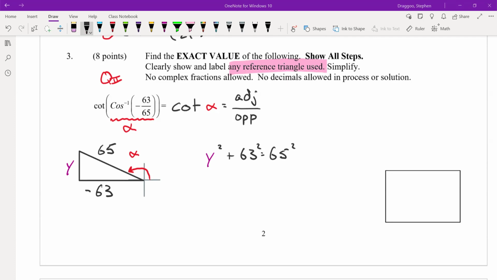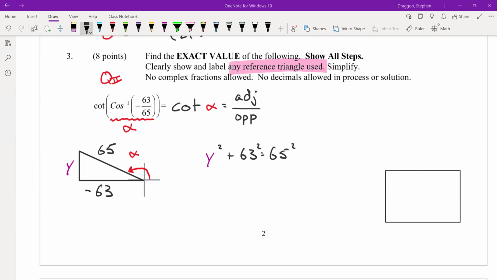Question real quick. So question from chat: could I also draw that reference triangle in quadrant 3, since cosine is also negative there? And no, I could not. I'd get an incorrect answer if I did that. Because this is specifically cosine inverse, my reference triangle must be placed in either quadrant 1 or quadrant 2, because those are the only two quadrants where the cosine inverse function is defined.